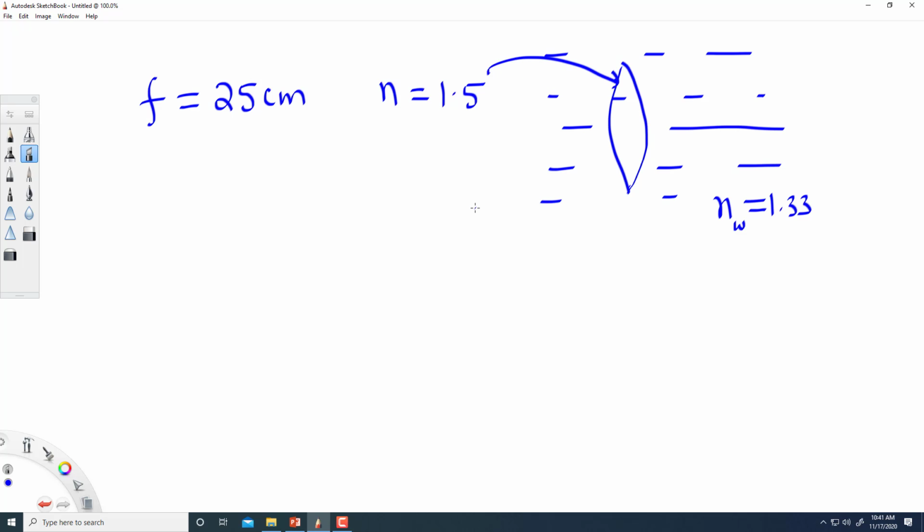So as a consequence, there would be a different focal length. This is when it's in air, but when you immerse this in water, it will have a different focal length. Let's call that F prime, and we want to know what that is.